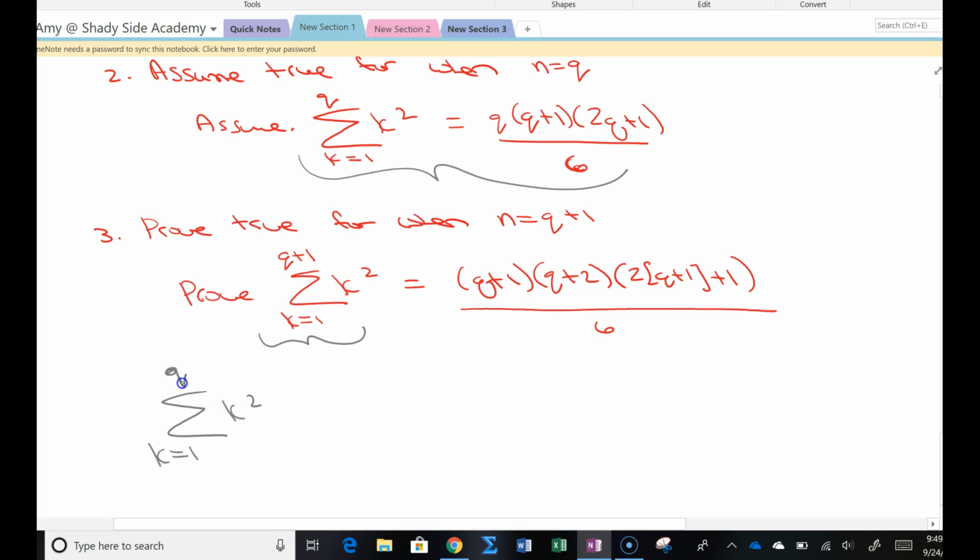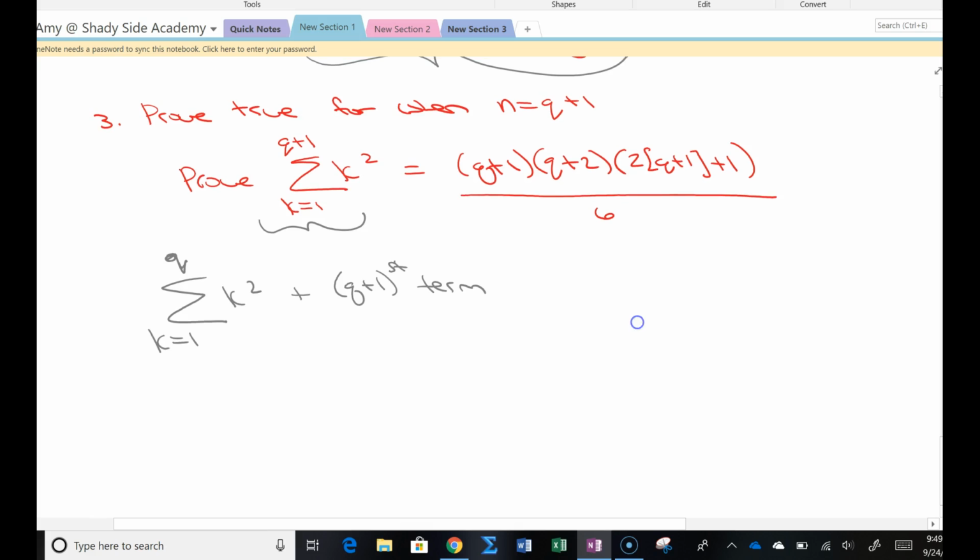So this is the summation of the first q terms plus the last term, the q plus first term. What I'm saying here is the summation of q plus 1 terms equals the summation of q terms plus the q plus first term. What is the q plus first term? Well, it will be q plus 1 subbed in for k. This is going to equal q plus 1 squared.